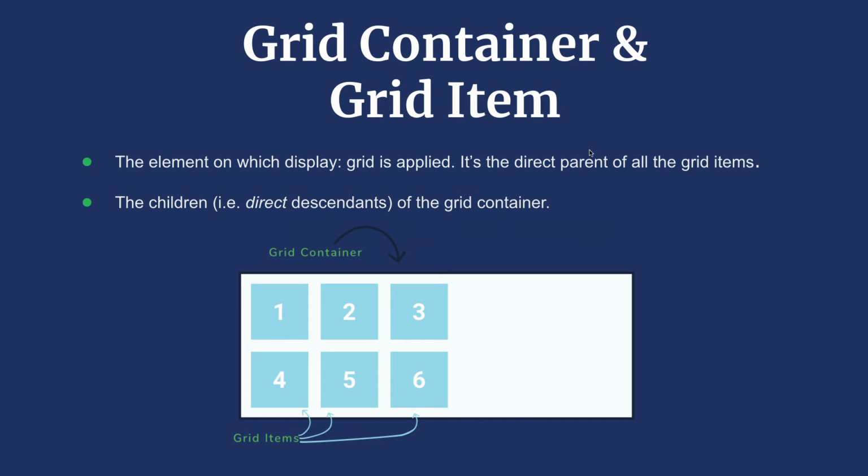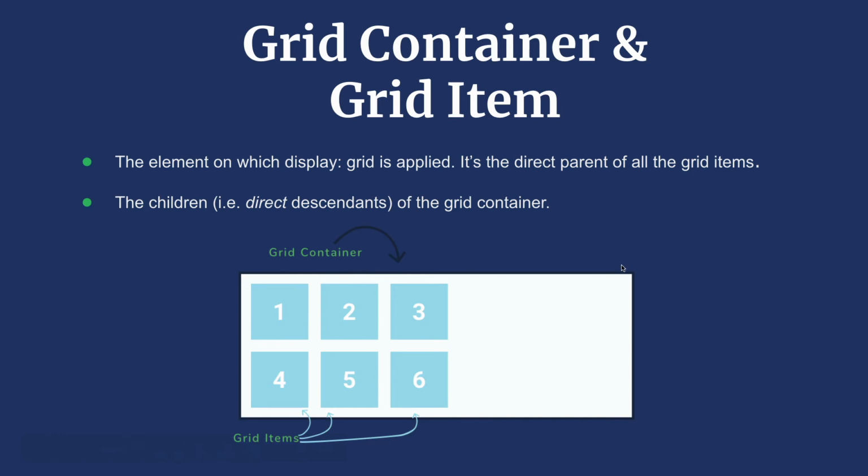Similar to flexbox, whenever we need to make any element flexbox, we apply display flex, and automatically that element becomes a flex container, and the items inside it become flex items. Similarly here we have a grid container. The element to which we have applied display grid will automatically become a grid container, and the items inside that grid container will automatically become the children or grid items.